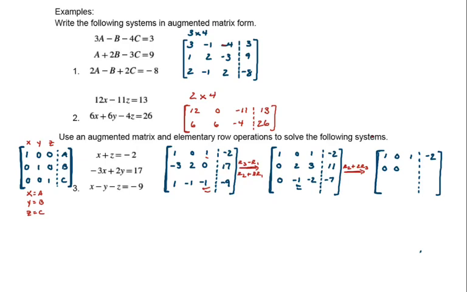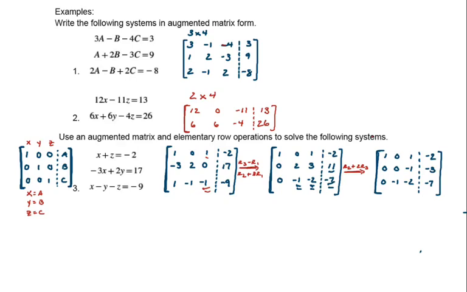And then 2 times row 3, which would be negative 2 times 2, which is negative 4, added to 3 should give me negative 1. And then 2 times negative 7 is negative 14. Add to 11 gives me negative 3. And then I'm going to leave row 3 just how it was for now. And that would be my next operation for this matrix.